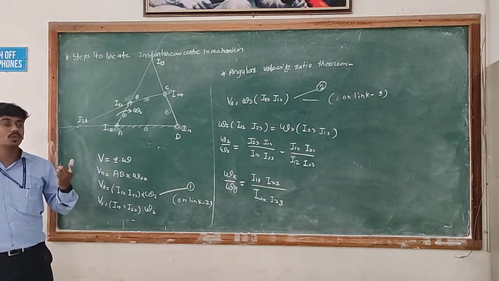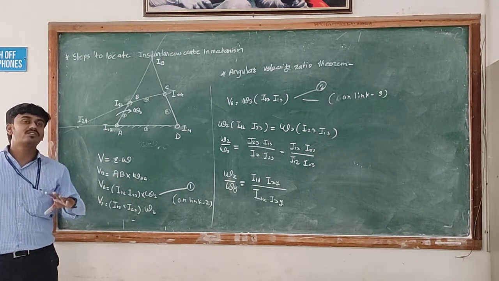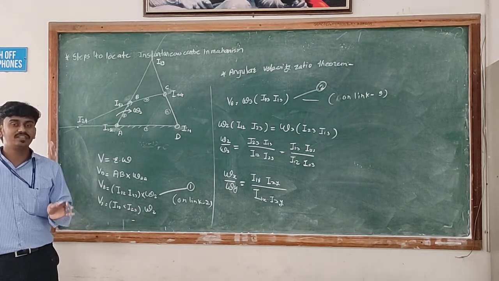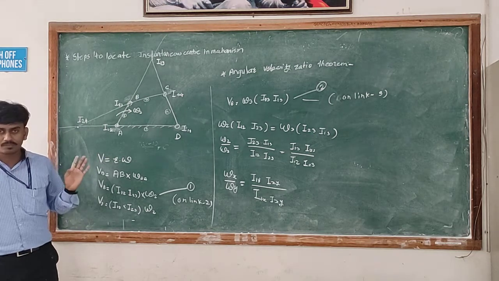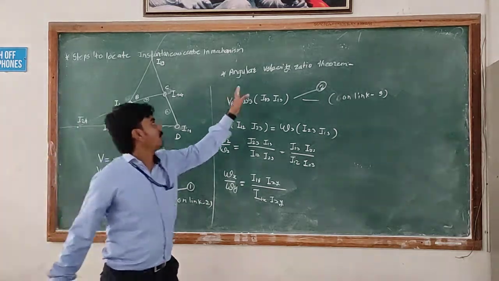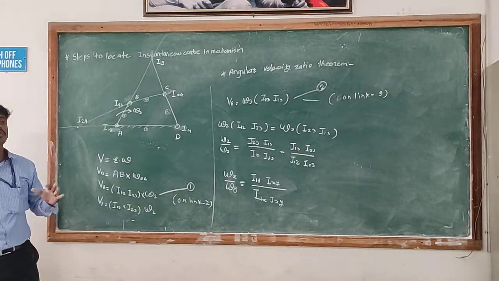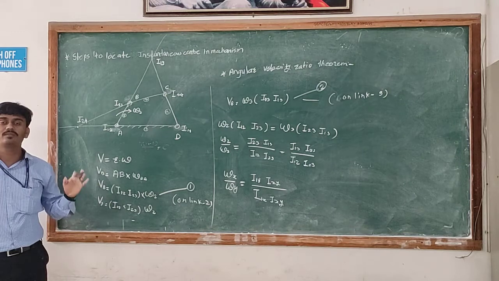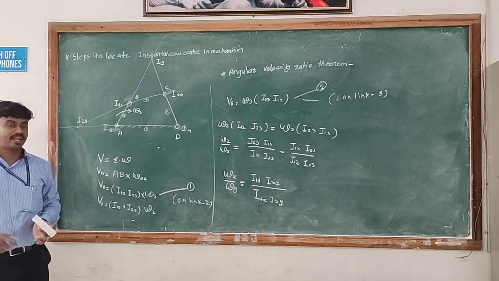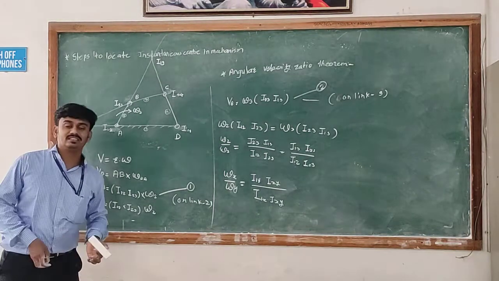Then we located the fixed and permanent ICRs by observation, and after that the neither fixed nor permanent ICRs. Then we discussed the angular velocity ratio theorem and how to use it to find the velocity of unknown links in a given mechanism. In the next lecture we will solve some numericals based on the instantaneous center method.